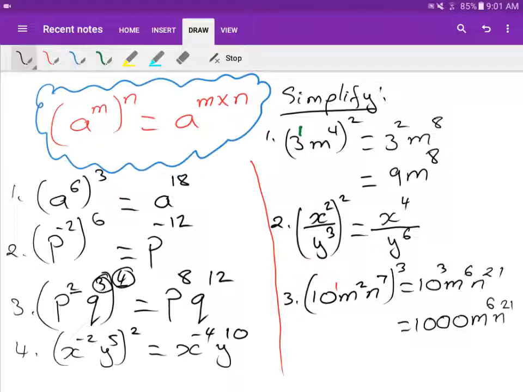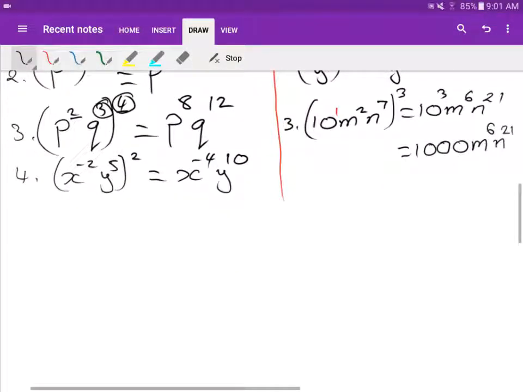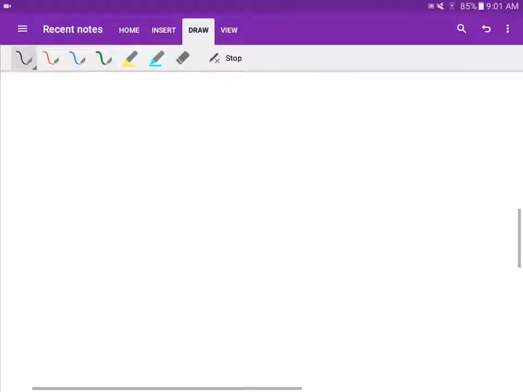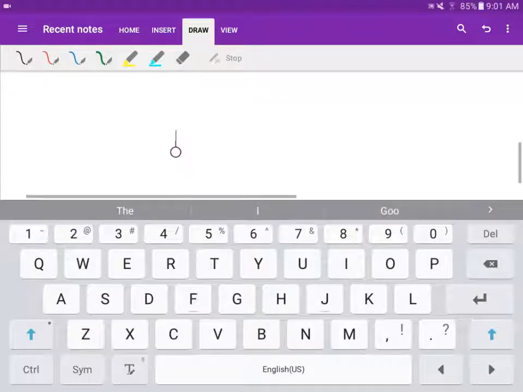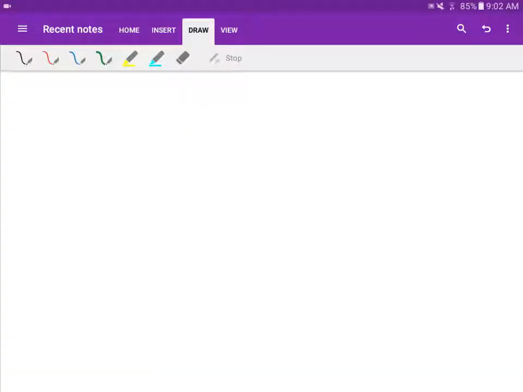See? Easy, okay? Now, let's do a little bit more complicated one. It's the same rule. It's not really much of a difference, but the question just has a little bit of flavor on top, that's all. So let's say number 4. Negative a squared p power 3, all squared.